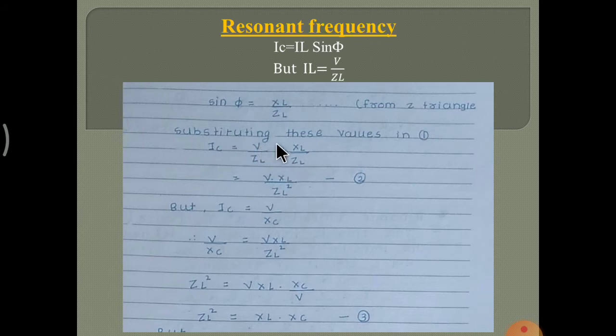Then substituting in the equation, we get IC is equal to, in place of IL put V upon ZL, into, in place of sin phi put XL upon ZL.